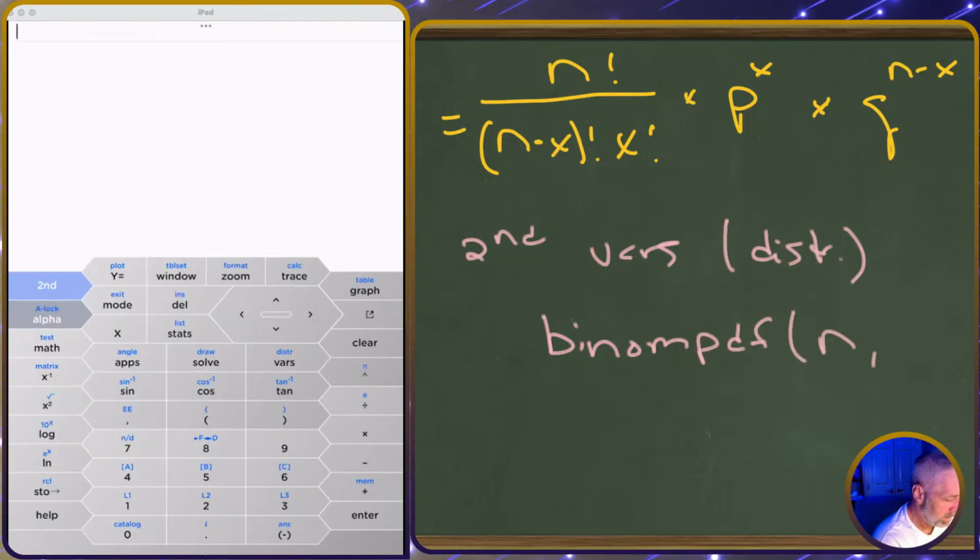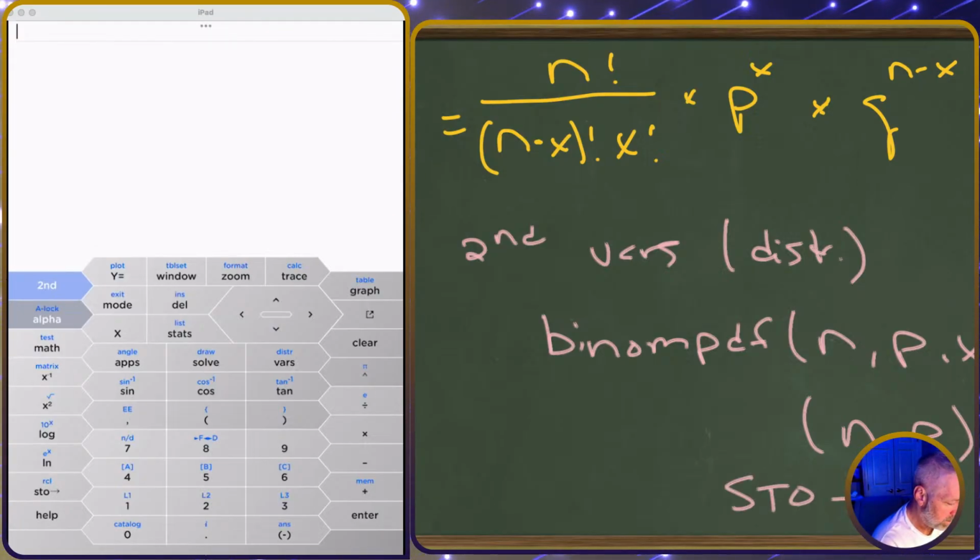We worked with the syntax of n, p, and x. We also worked with the syntax of n, p, and then going to STO and storing it to L1 and finding all our values there. It's underneath me right now. I'm just practicing right now, getting ready for next week, making sure that everything, camera and everything, is working. And I'll go back and review this.